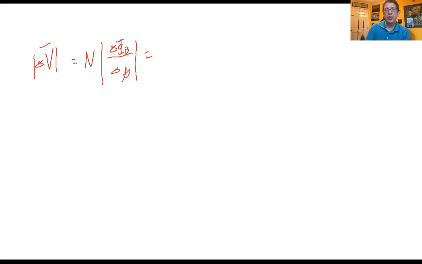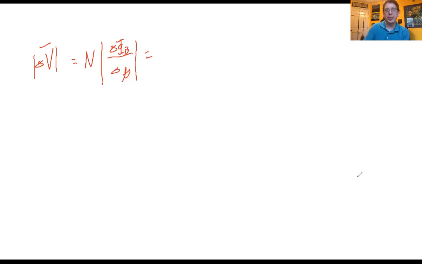Well, we know that there's just one loop of wire, so n is equal to 1. We are not given the magnetic flux, but we're given the magnetic field, and we're given the diameter of the loop of the wire. So the magnetic field we know, and the area we know, or we can calculate. We also need to take into account the angles that are involved. So let's figure this out before we go any further.